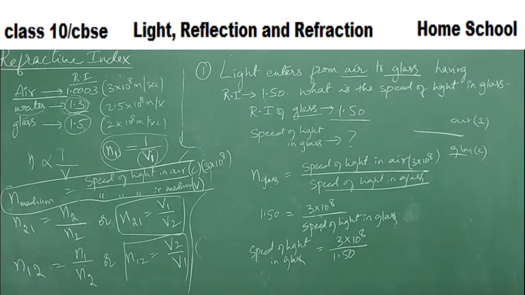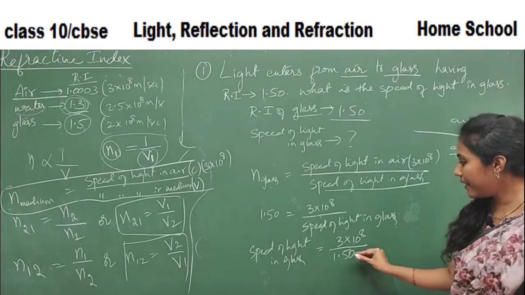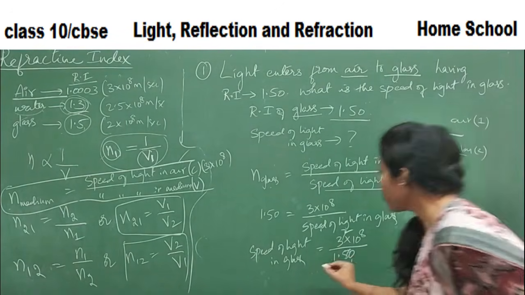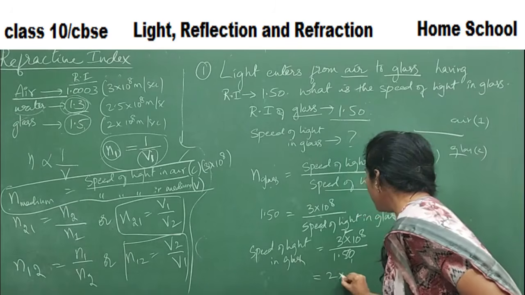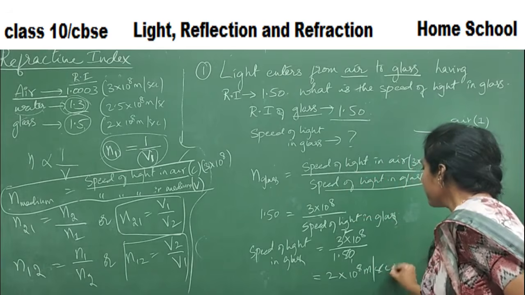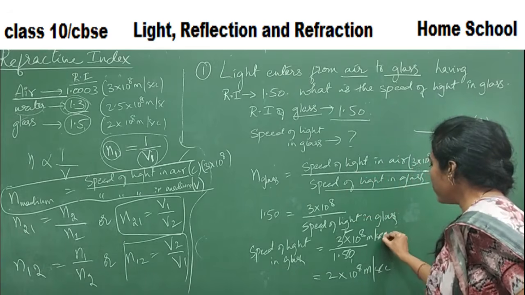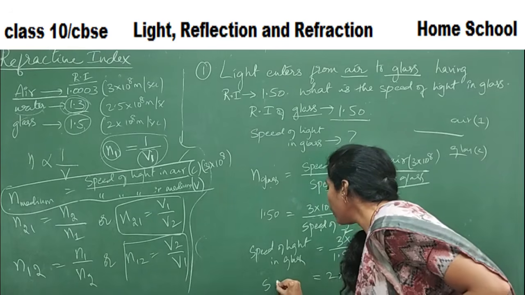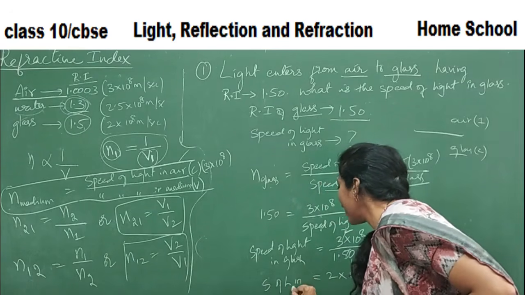How do you calculate this? Ones are, twos are, right? So your answer is 2 into 10 to the power of 8 meter per second. This was meter per second, right? So the unit is meter per second. So this is the speed of light in glass.